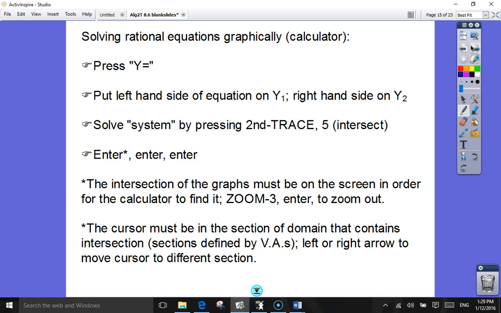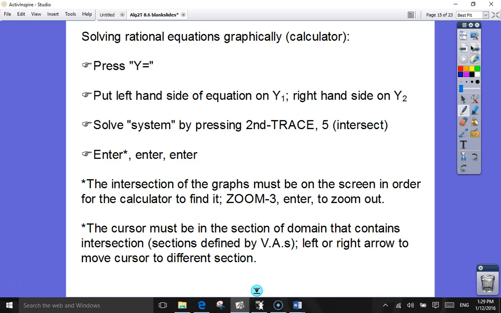Right. We'll do one on the next slide, but we're going to go to the y equals. Where is the y equals on the calculator? Top left. Right? And you'll see there's a whole bunch of y1 equals, y2 equals, y3 equals. We're going to put the left-hand side on that first line. We'll put the right-hand side on the second line.